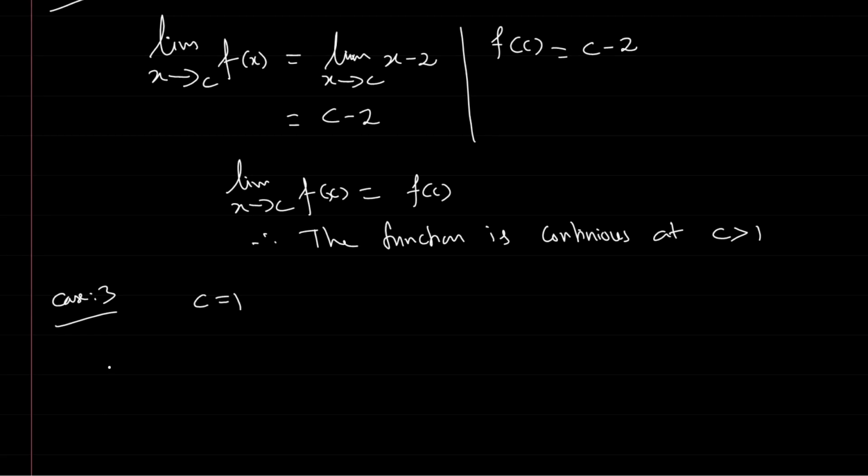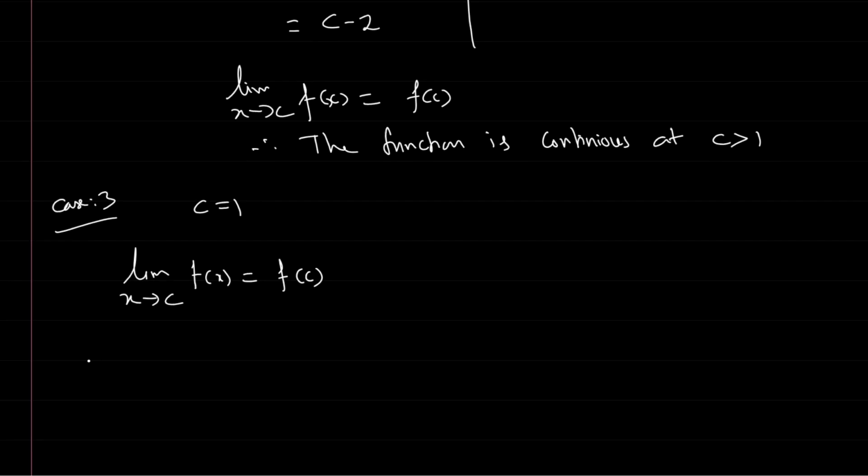Okay, so here we have to go for left hand side and right hand side. Why? Limit x tends to C, we have to check f of x is equal to f of C. This is a condition for continuity. Therefore, left hand side limit, x tends to C minus, a value slightly less than C. So here C equal to 1. Therefore, the value slightly less than 1.